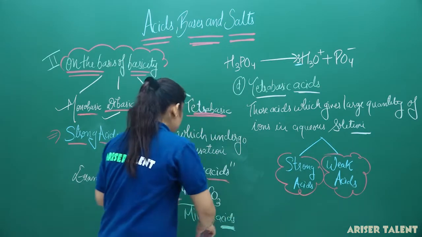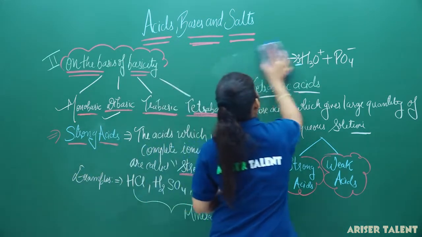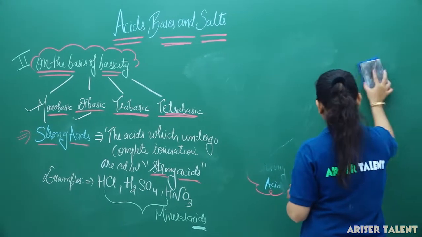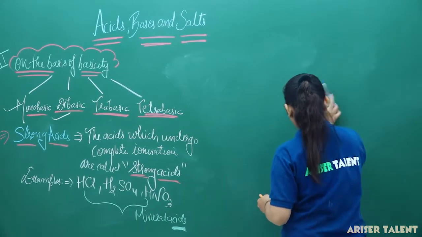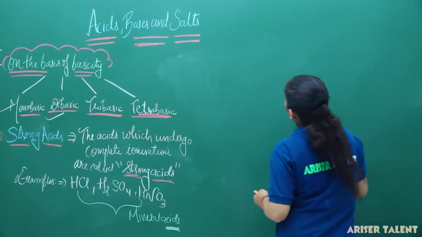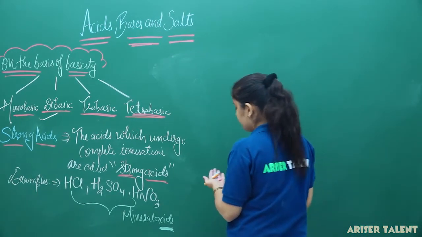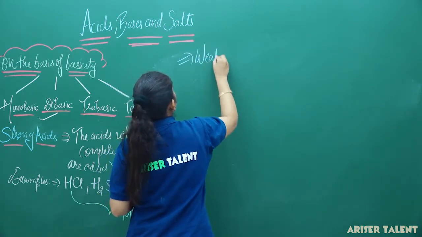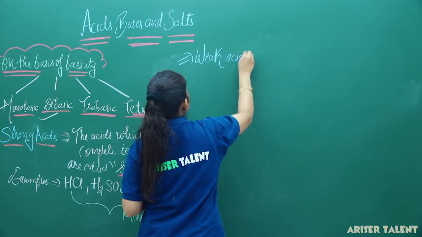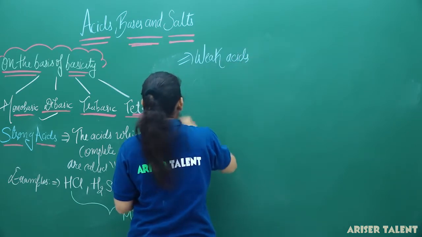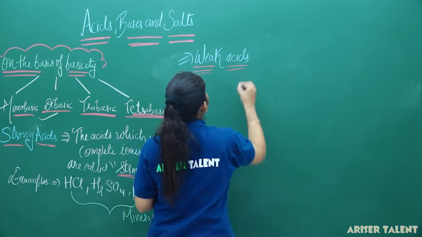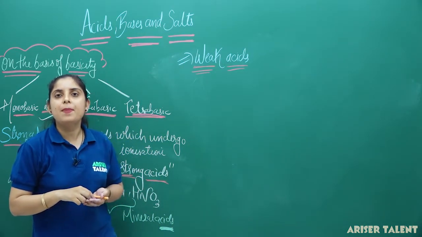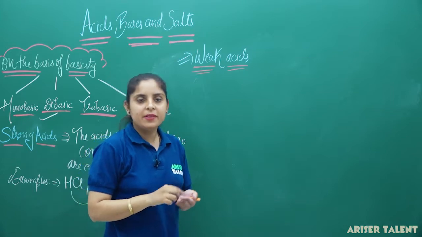What are weak acids? Second category is about weak acids. So weak acids are those which do not undergo complete ionization, or we can say that there is a partial ionization occur in between them.